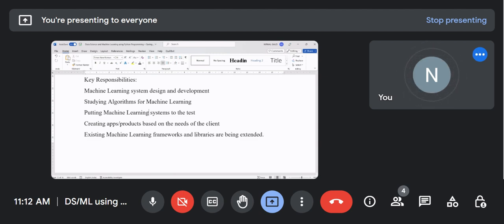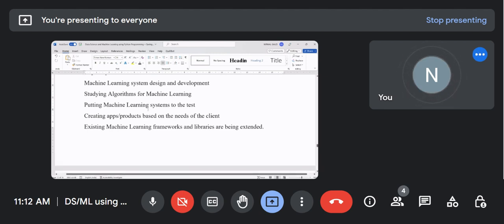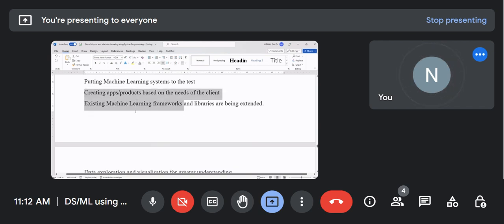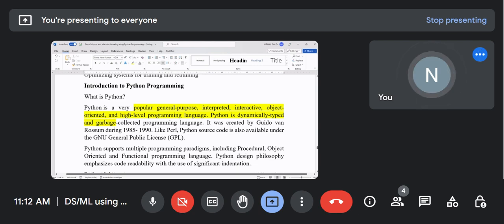I will teach you. So this is the task of a machine learning engineer. For all these things we need to use Python programming.